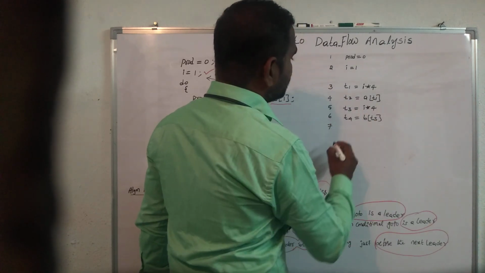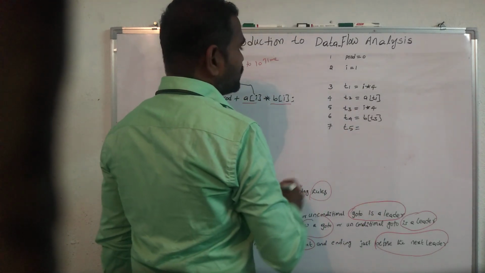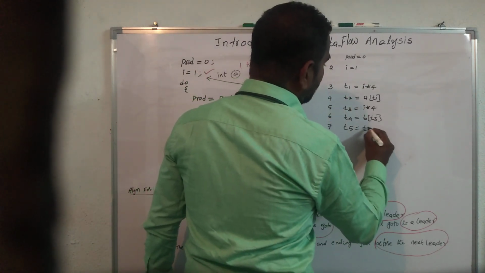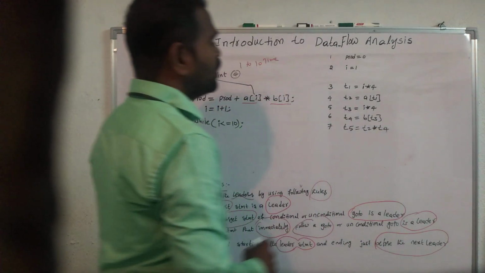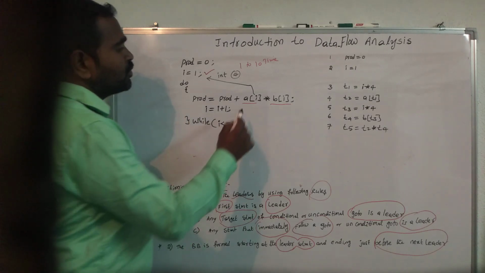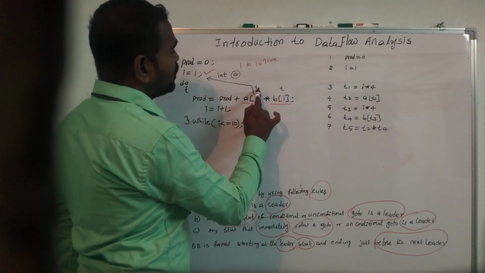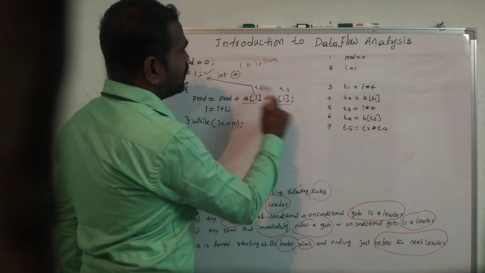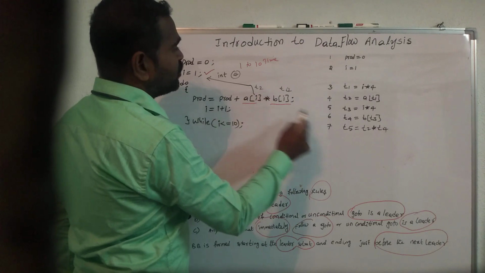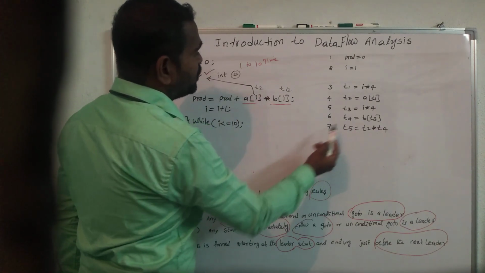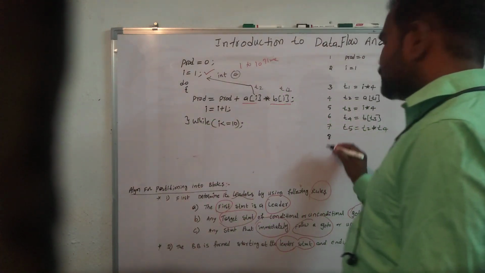Next, the seventh statement: T5 is equals to T2 into T4. So these two values are multiplied and updated into the T5 location. Next, again, the eighth statement.